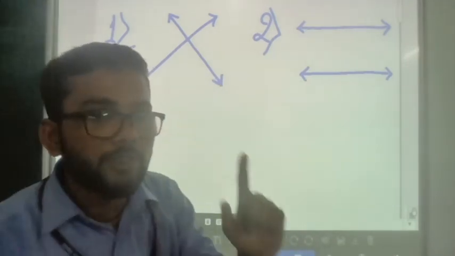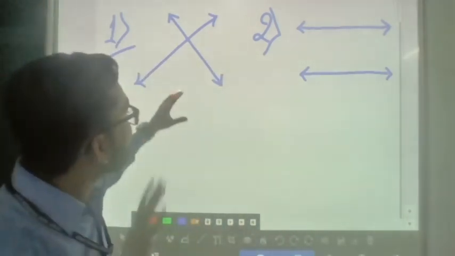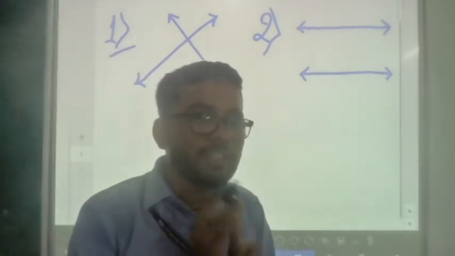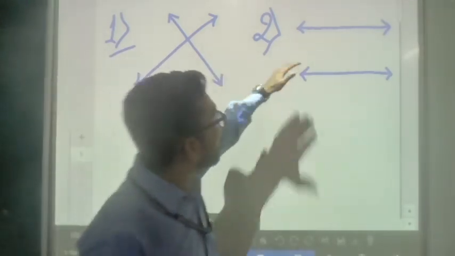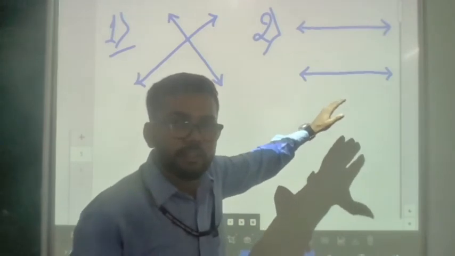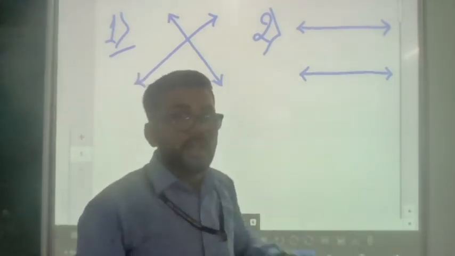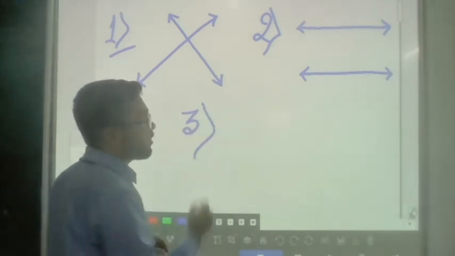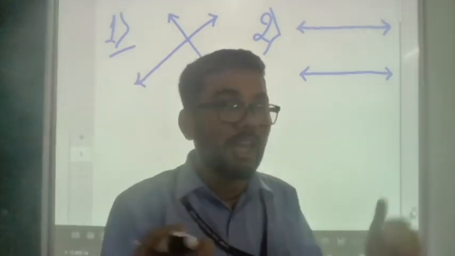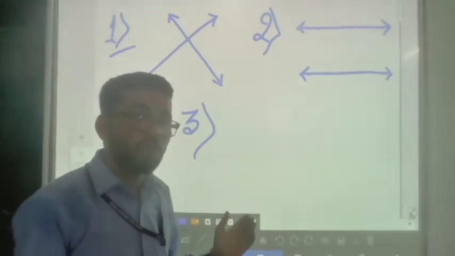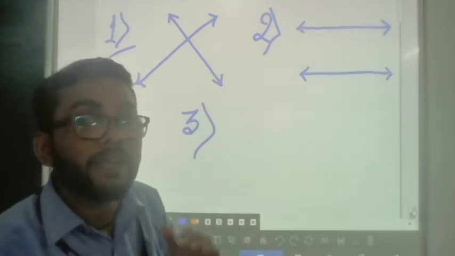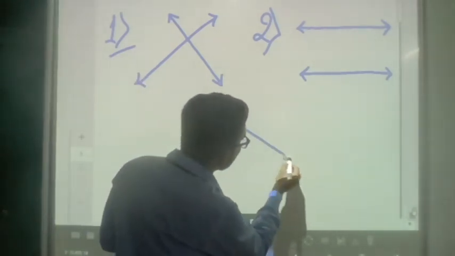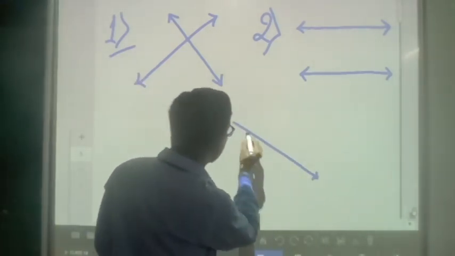So in the first case, we will see either the lines representing linear equations intersect each other or they do not intersect. In the third case, a very interesting case, what will happen when we draw the graph of a pair of linear equations? First we draw the graph of the first equation, which will be a straight line.